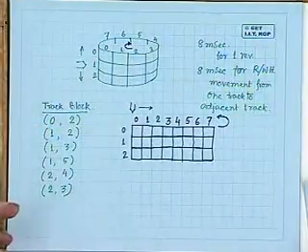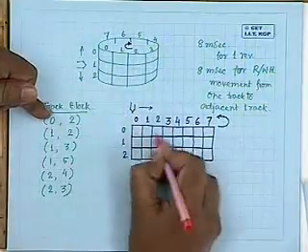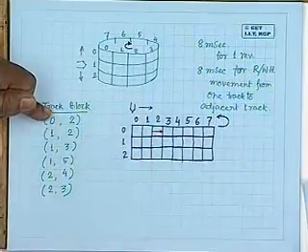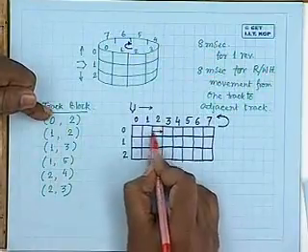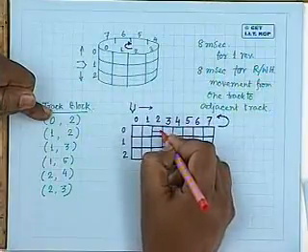So this is the one that has to be read, accessed. Once you access this block, your read-write head position is here.